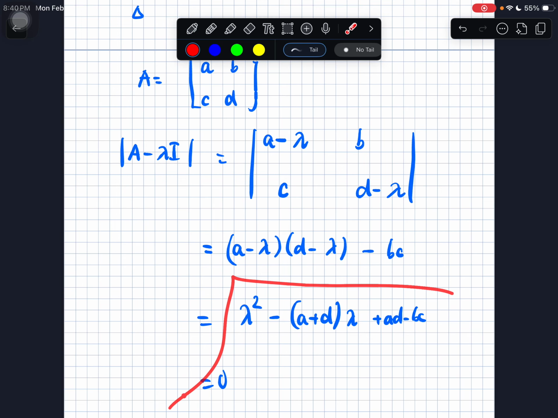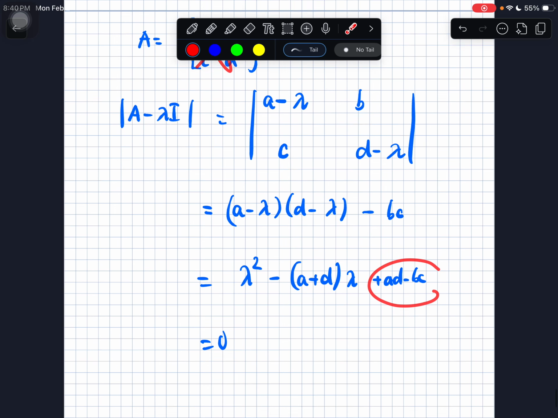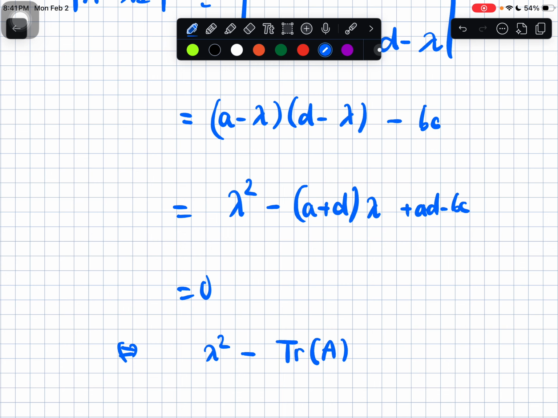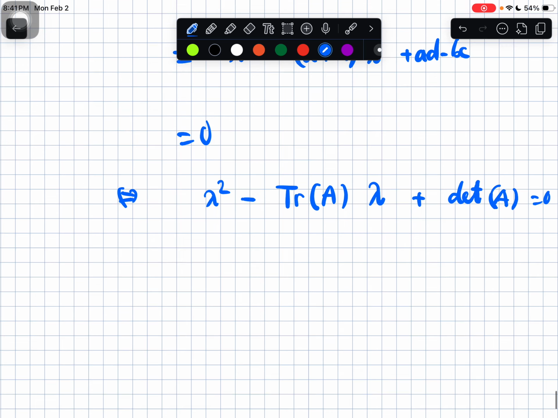The characteristic equation lambda square, A plus D is the trace of A. AD minus BC is the determinant of A. So this is equivalent to lambda square minus trace of A times lambda plus determinant of A equal to 0.